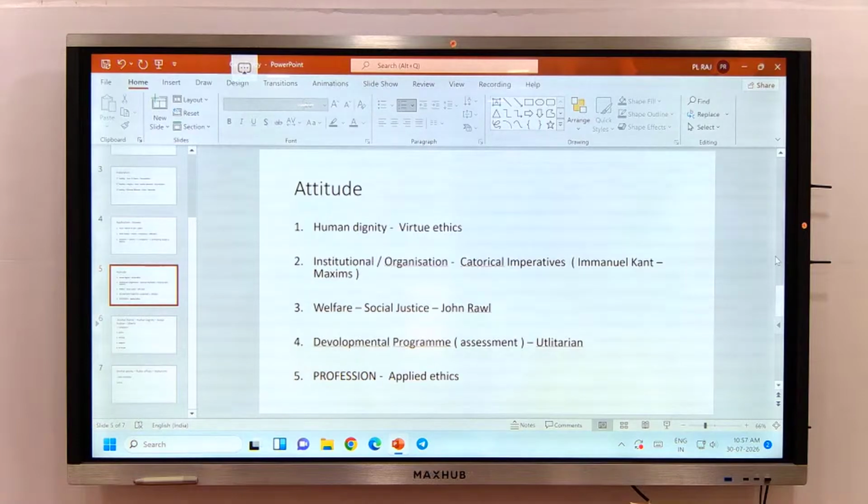The issue here is an ethical dilemma for a scientist, a dilemma between the company's profit and the ethical considerations.